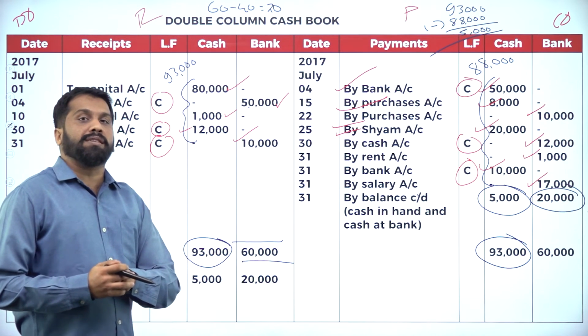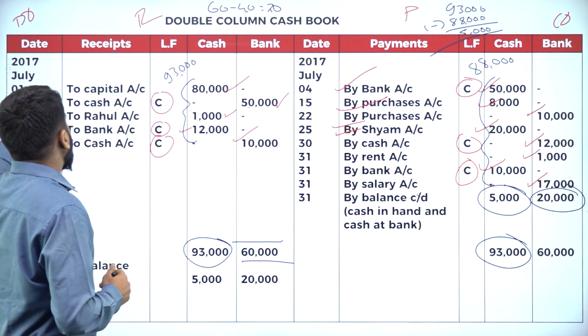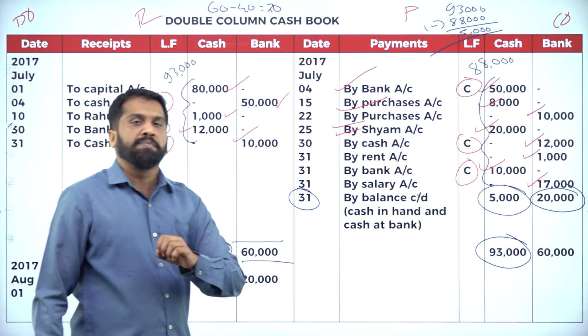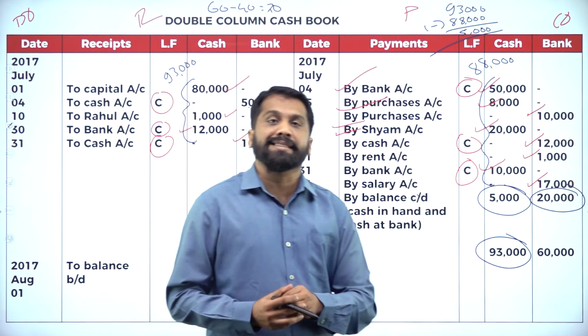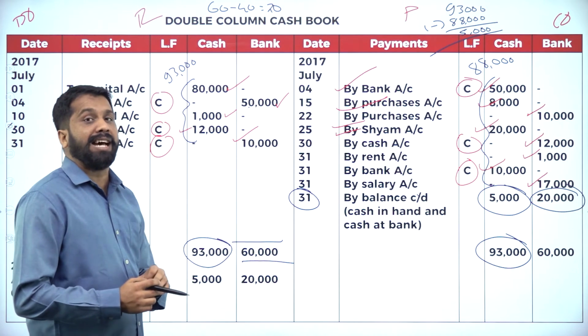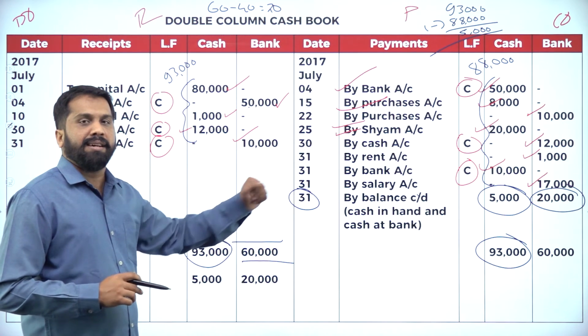Now, what date should we write for balance carried down? Which month are you doing? July. What is the last day of July? It is 31st. You should mention it as 31st of July. And what is your last entry? The salary paid. What is the date of salary paid? 31st. That day also you can consider.